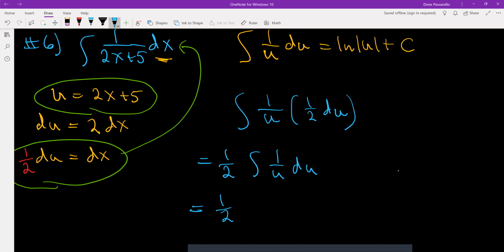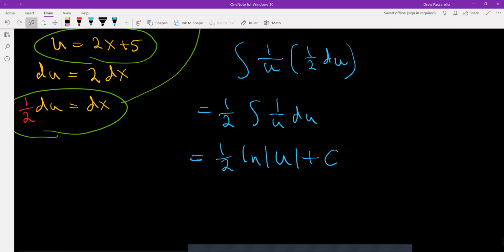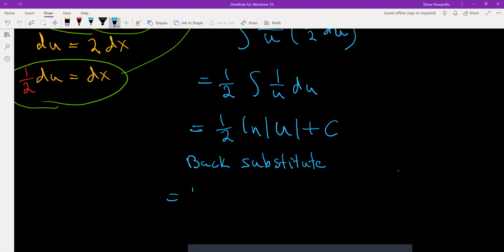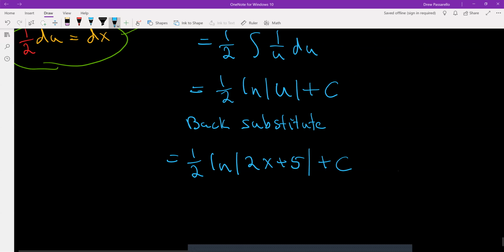So 1/2 times the natural log of the absolute value of u plus c. I gotta make sure to back substitute, because u is 2x plus 5. So this would be 1/2 times the natural log of the absolute value of 2x plus 5, and then plus c.